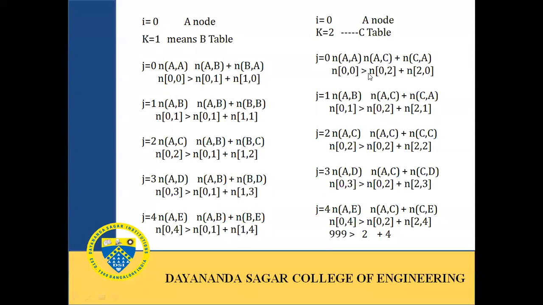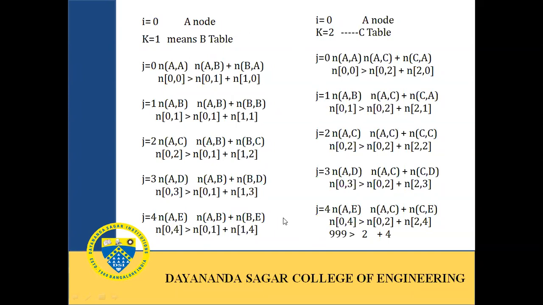A to C, C to A. Similarly for A to B, you can reach through C node, A to C, C to A. So there are no changes for all these loops. Once it comes to the E node, now you can see there's a change. To reach E, we can use C node. The value is 2 plus 4, which is lesser than the infinity value. Now the update happens.